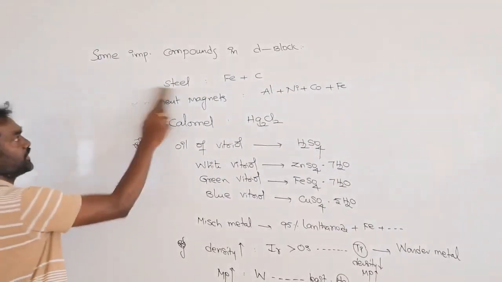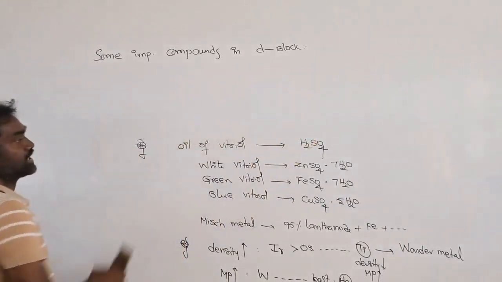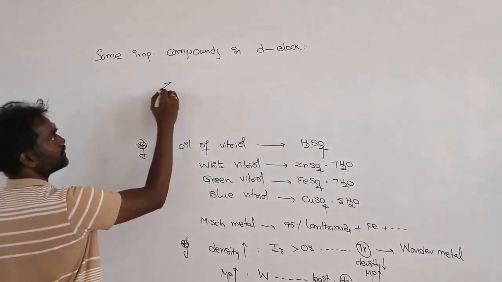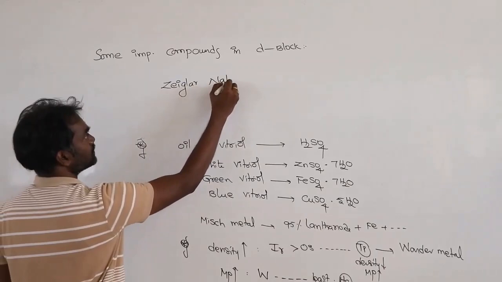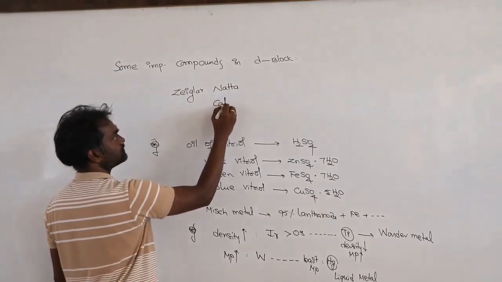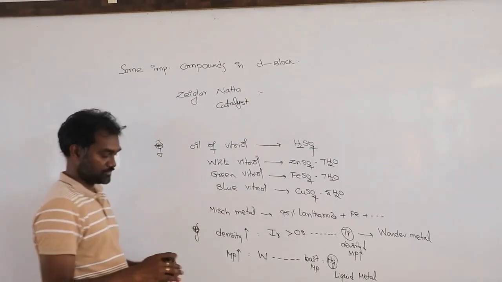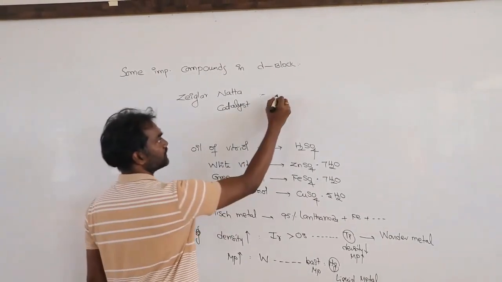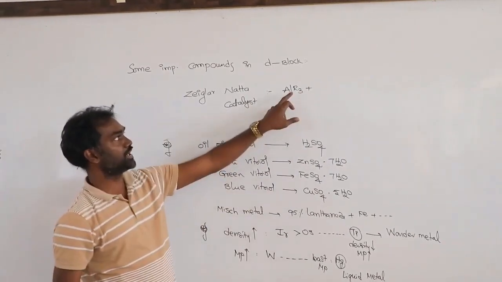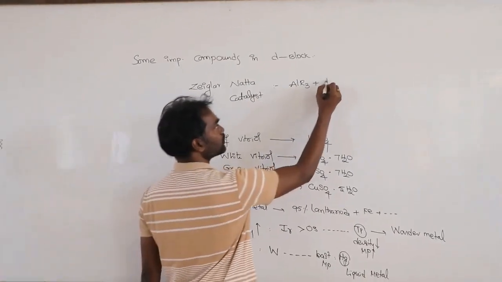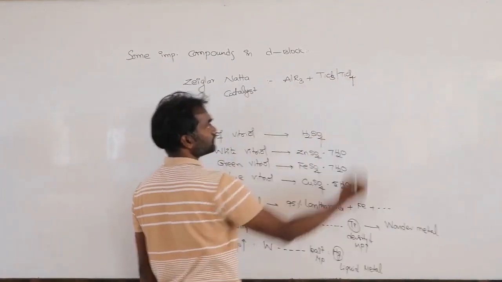Next, some other famous ones are there. So suppose Ziegler-Natta catalyst. It is also one of the famous. So Ziegler-Natta catalyst. So in polymers it is coming. So this is the combination of AlR3, trialkyl aluminium, and titanium chloride, TiCl3 or TiCl4.